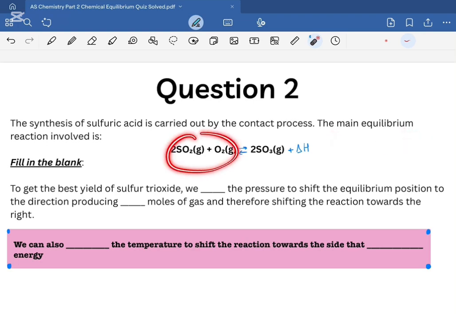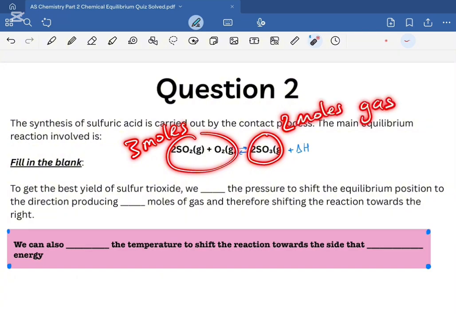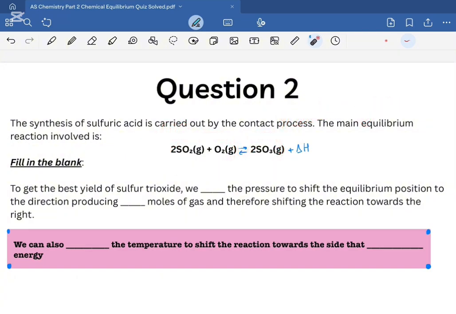And here I have 3 moles of gas, whereas over here I have 2 moles of gas. So in this case, I need to increase the pressure in order to make the system shift towards where I have fewer moles of gas, and therefore shifting the reaction towards the right.